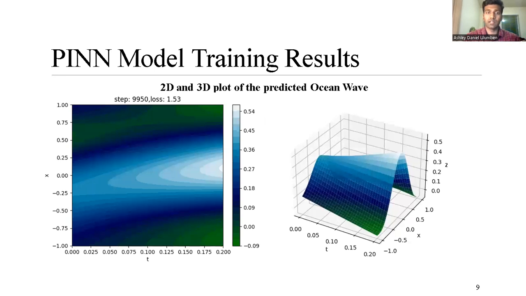As we can see, the training results. So this is the real world data set that we have used. We're training it for 1,000 epochs, and the light blue suggests the elevation of the curvature of the wave, the crest, while dark blue suggests the trough of the wave.